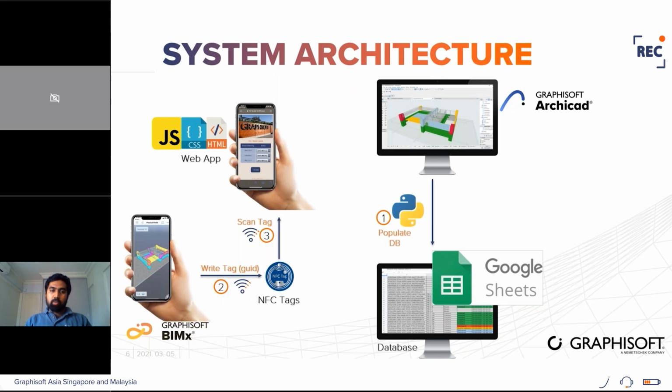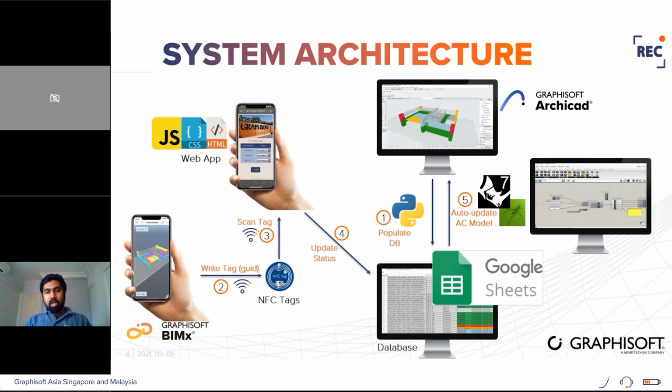After scanning the data, we are going to populate the information into the Google Sheets. When the Google Sheets are updated, we have to update the Archicad model with the current progress. In order to update the Archicad model in real time, we are using Rhino-Grasshopper in the backend.